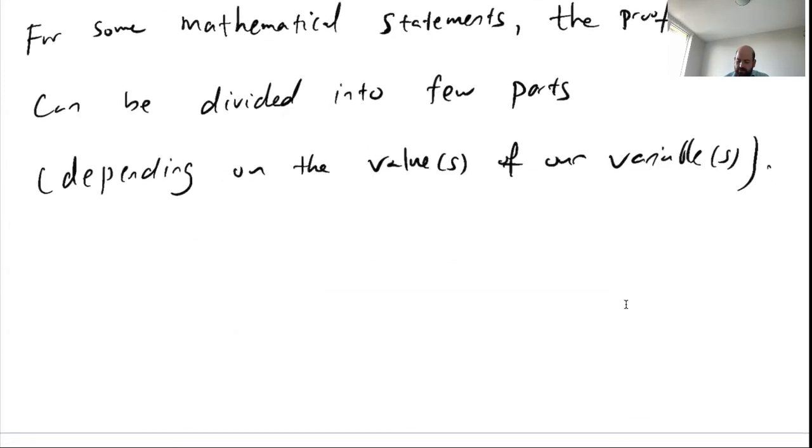So let's look at an example. Use inequality axioms.